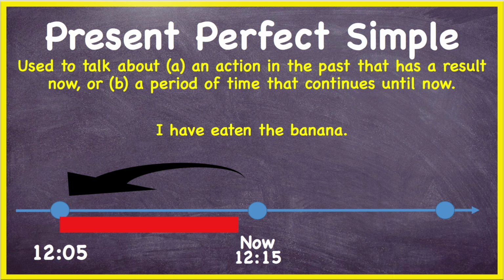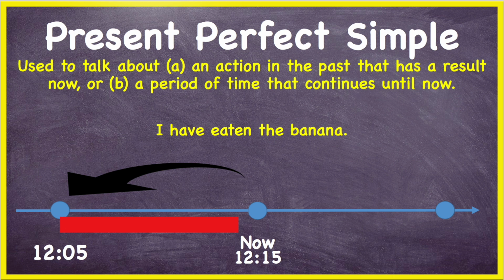So this is a tricky one to understand sometimes, right? So I have eaten the banana. That's something that happened in the past, but you're talking about really the result, right? The result now is that the banana is gone. So I have eaten the banana.